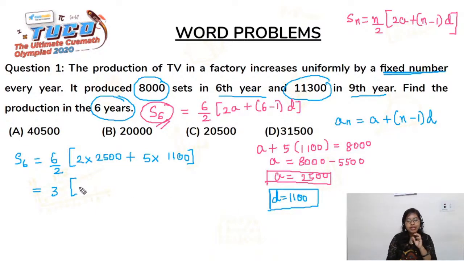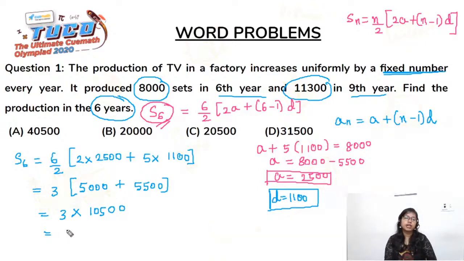So 2,500 times 2 is going to give me 5,000 plus 11 times 5 is 5,500. And this is going to give us 3 times 10,500. And 10,500 times 3 is going to give us 31,500. So hence option D is the right answer. The production in 6 years was 31,500.